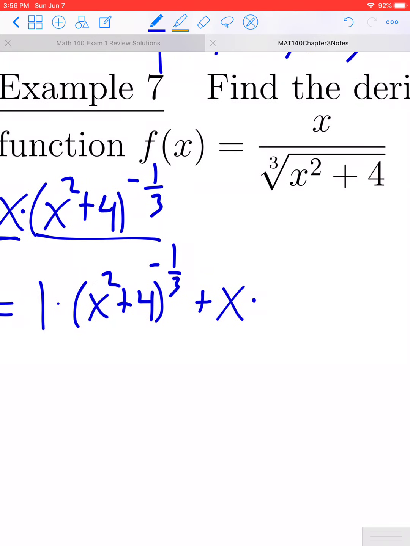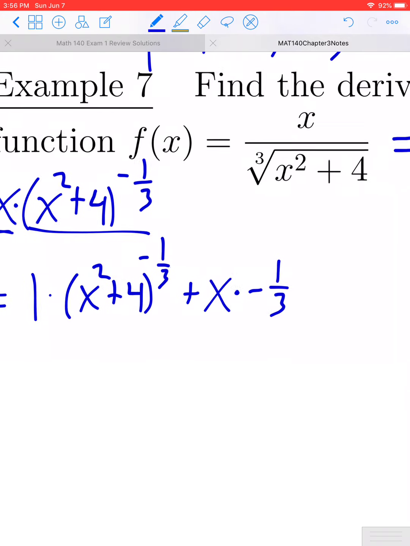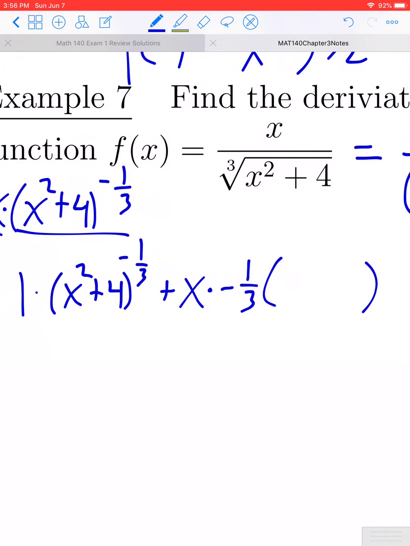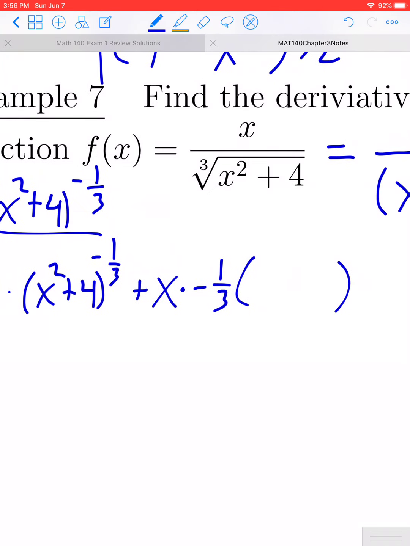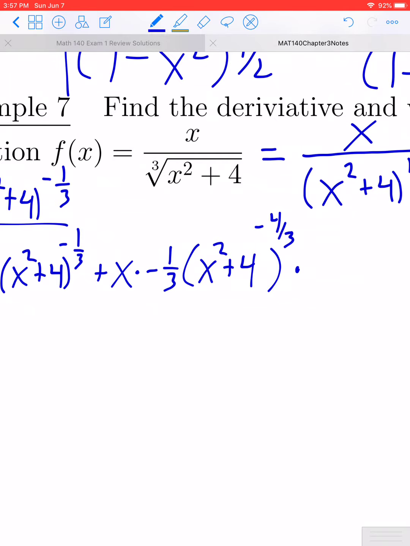In order to do the derivative of the second term, that's a composition, so that's going to require the use of the chain rule. Chain rule says you do the derivative of the outer function first, so that's going to be the negative 1/3 power. We bring the power down. We're going to reduce the power by 1. Negative 1/3 minus 1, that's going to be negative 4/3. We leave the inside function alone. And then we multiply by the derivative of the inside. The derivative of x squared plus 4 is going to be 2x.